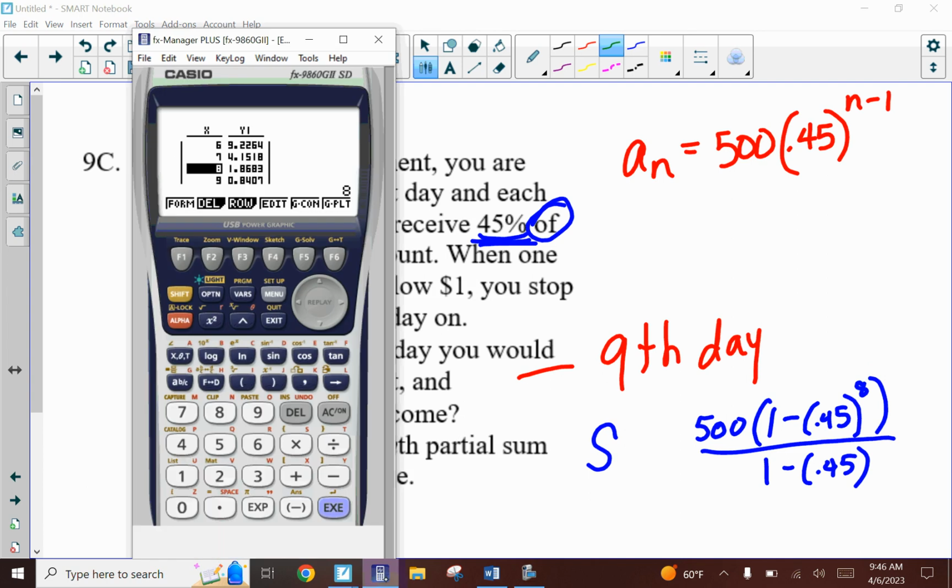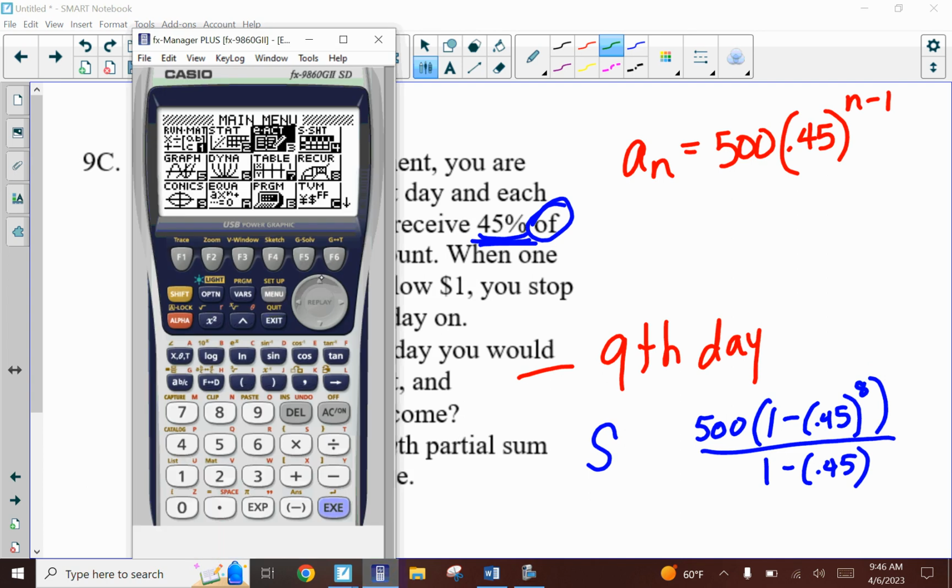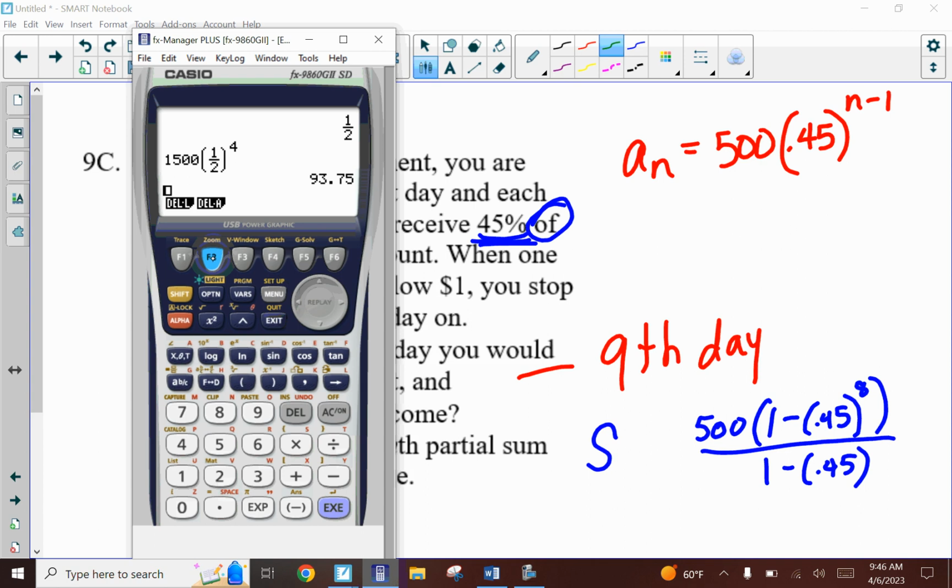Okay, so I'm going to go into my calculator now, go into the regular calculator stuff, delete all this, and then fraction 500, parentheses, 1 minus 0.45 to the, oops, I got to put the 0.45 in parentheses, 0.45 to the 8th power, and then we put 1 minus 0.45 down at the bottom.